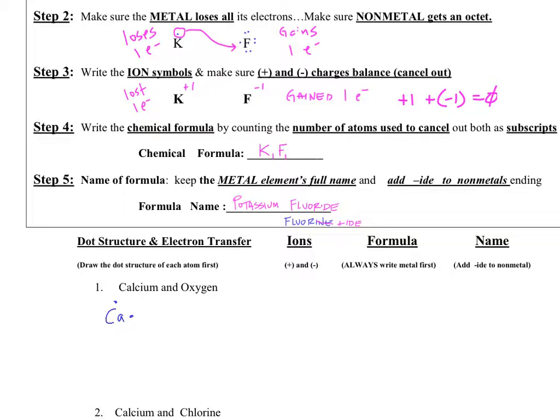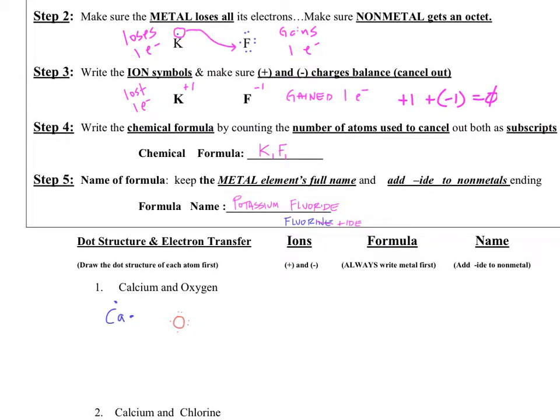And then I'm going to draw oxygen, which is O. And oxygen is in group 16, therefore it has 6 valence electrons. So 1, 2, 3, 4, 5, and 6. All right.